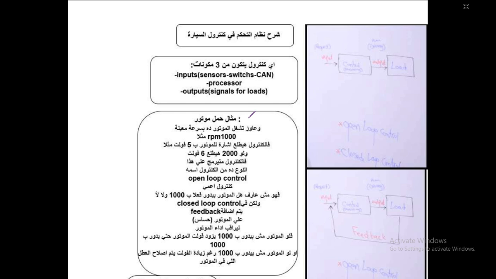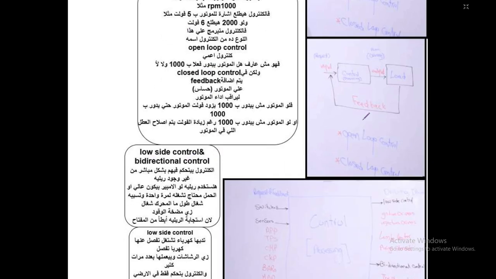But in closed loop control, the second type, we have sensors that give feedback from the DC motor to check if the DC motor runs at 1000 RPM or not. Okay, so these are our inputs and our processor.